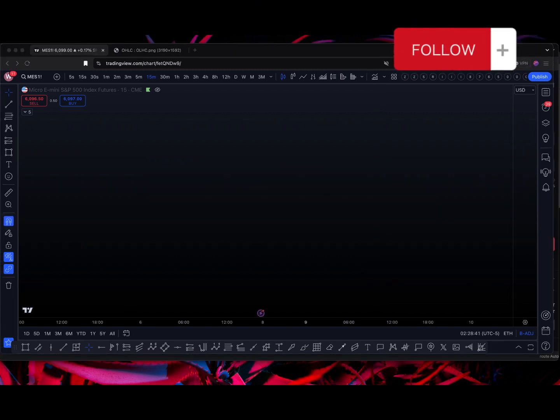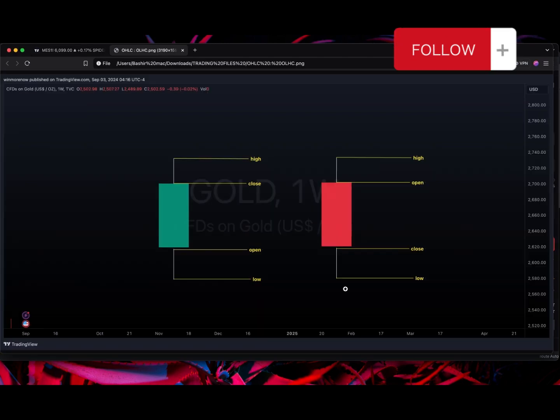So in this video, we're going to start from the basics. We're going to start from the candlestick. Candlesticks are the anatomy of the market.